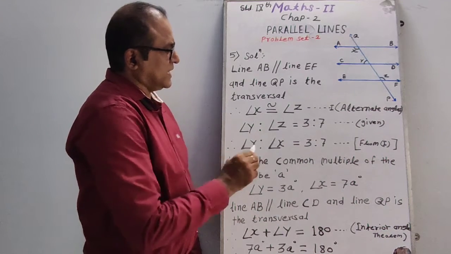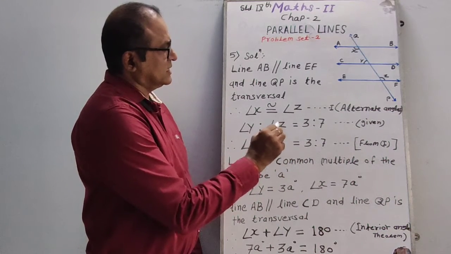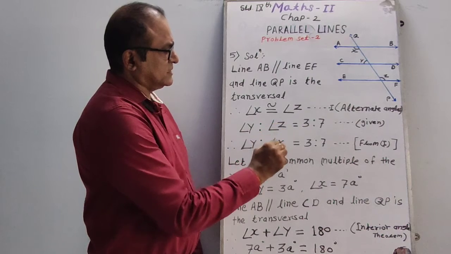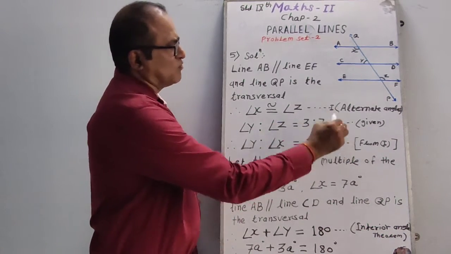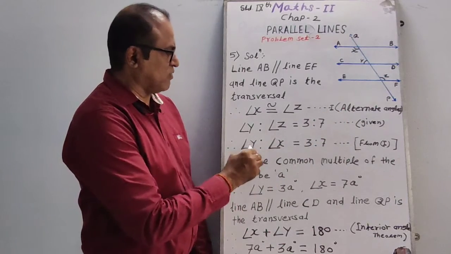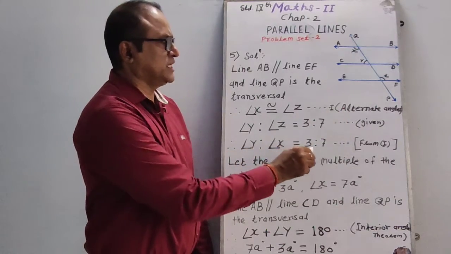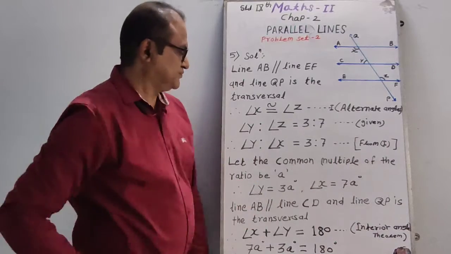Therefore, angle X is replaced by angle Z from 1. Therefore, angle Y ratio angle X is equal to 3 ratio 7.